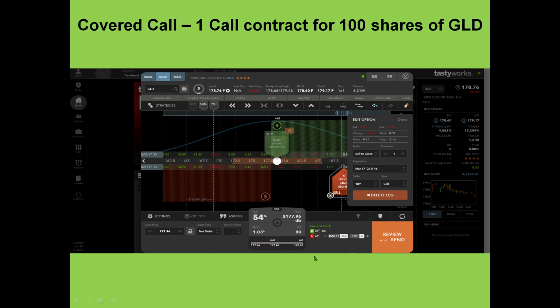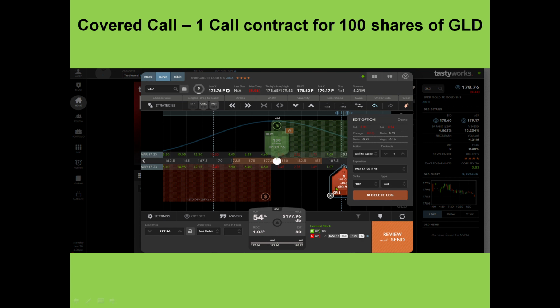So for every covered call, you can sell one call contract for every 100 shares of GLD that you own, right? So for example, in this case, I have GLD at the time of recording at $170.76.